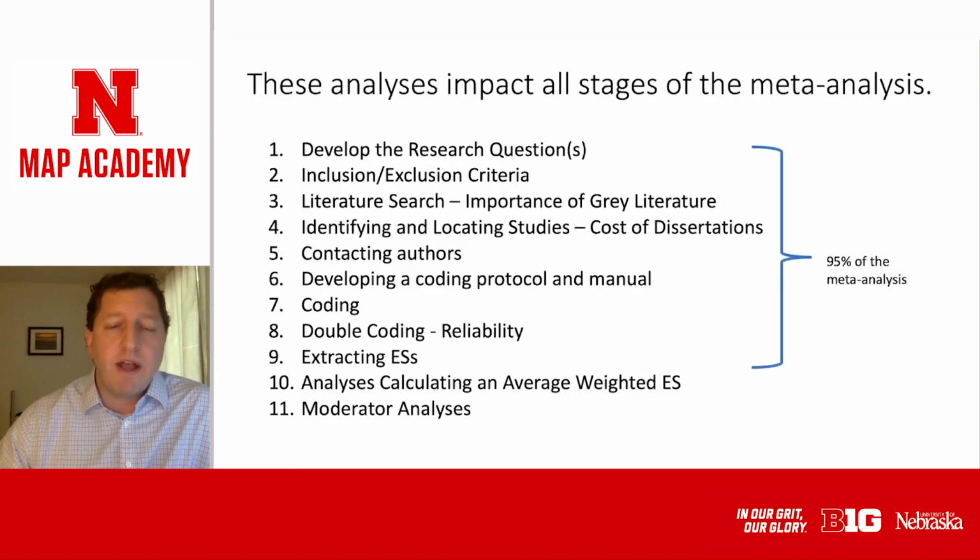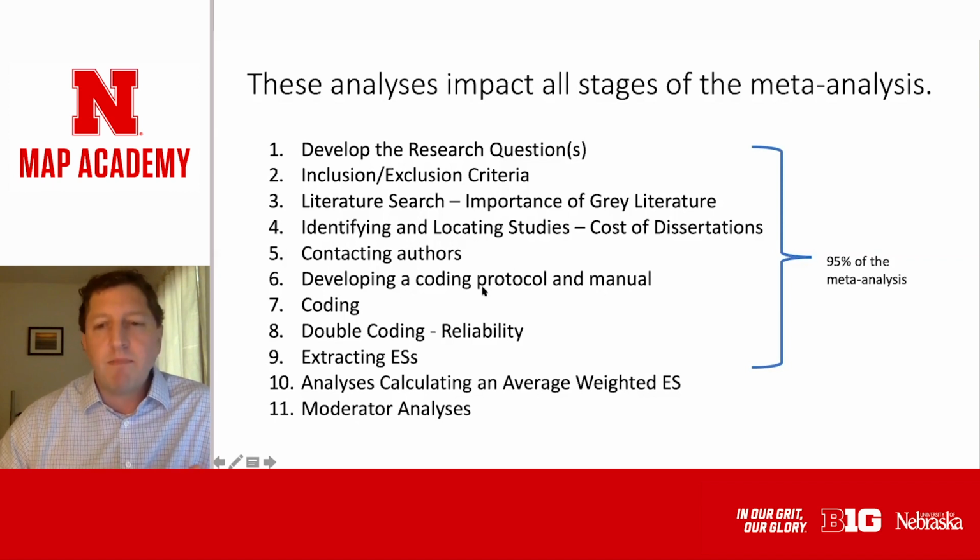And I wanted to point out too that a lot of times when people are doing meta-analysis, they're like, oh, this is pretty easy. But really there's a lot of work that goes into collecting studies, doing the literature search, coding the studies, contacting authors, extracting effect sizes. That's where 95% of the work happens with meta-analysis. So if you really want to do one of these things, be prepared to spend the time doing this literature review.